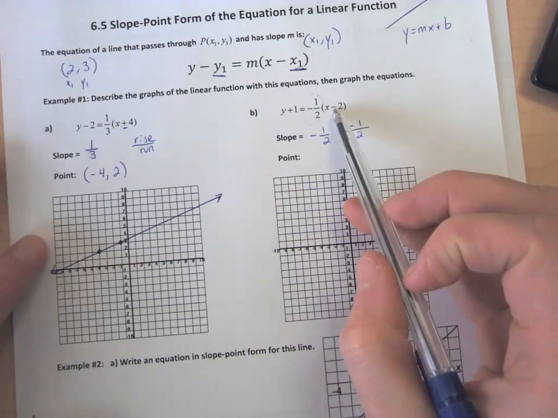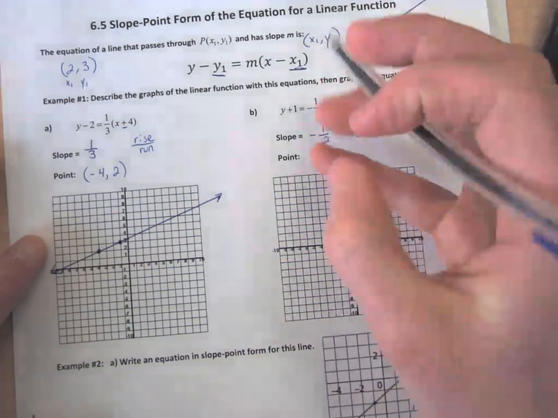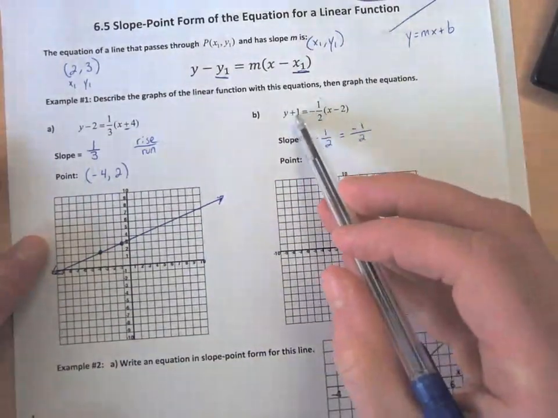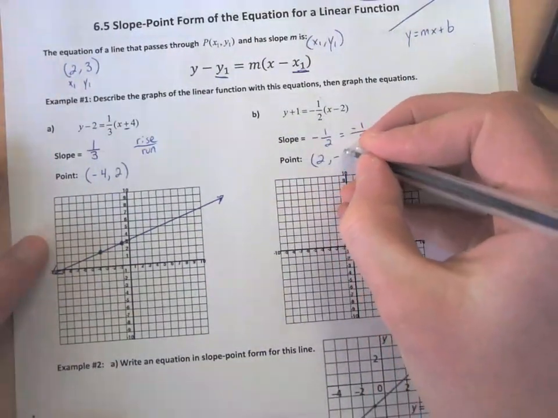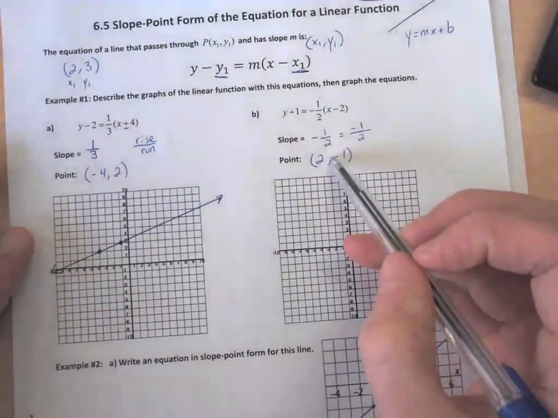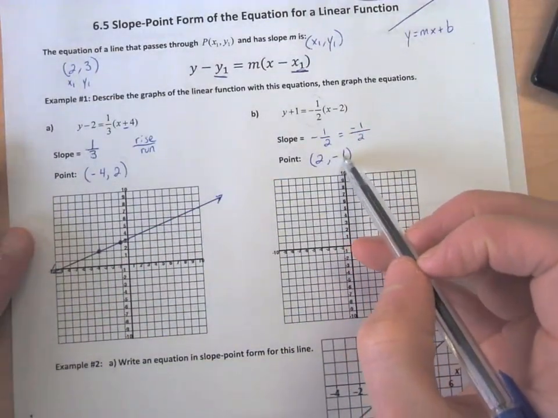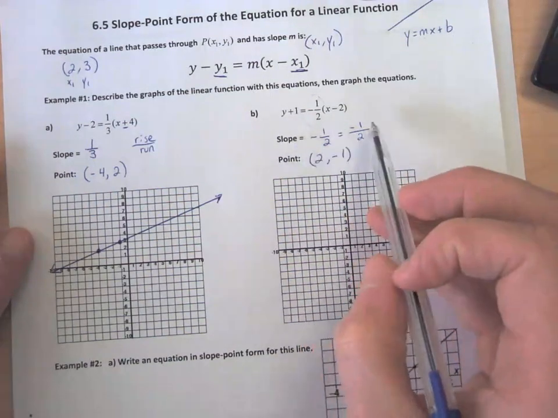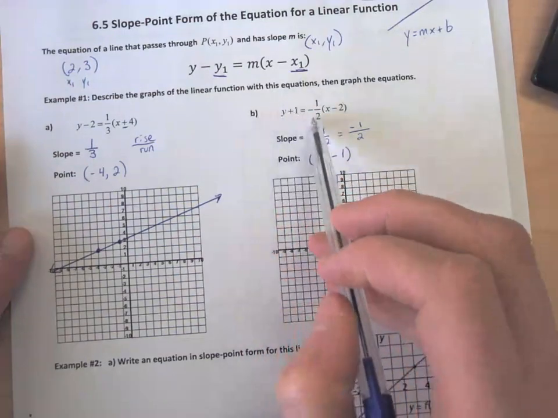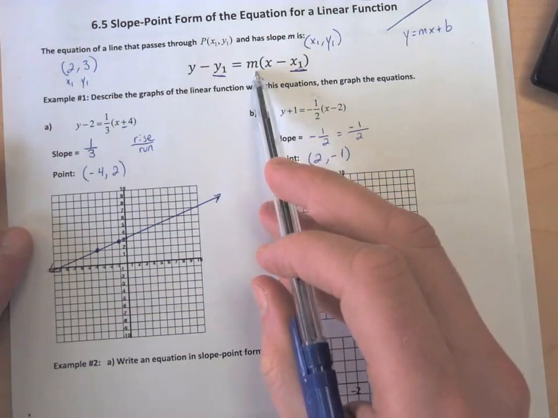So negative 2, we're going to put a positive 2. And then this one's a positive 1, so I'm going to put a negative 1. Okay, so that means the point that this line runs through is (2, -1), and the slope that it'll have is negative 1 over 2. And that's just directly from here.